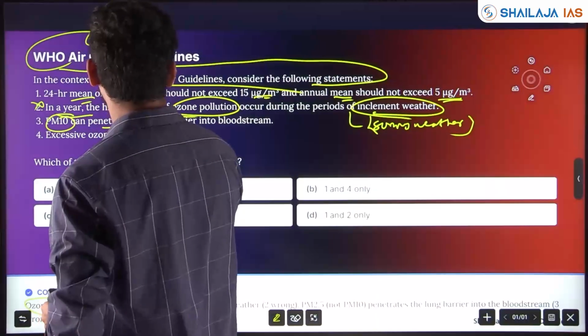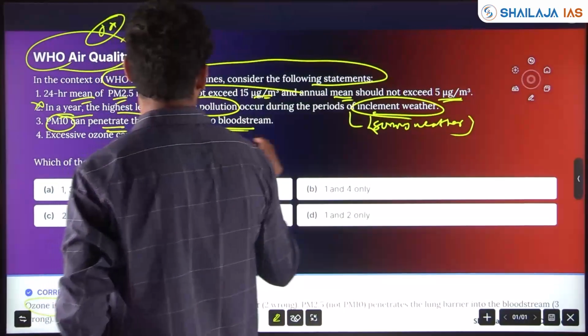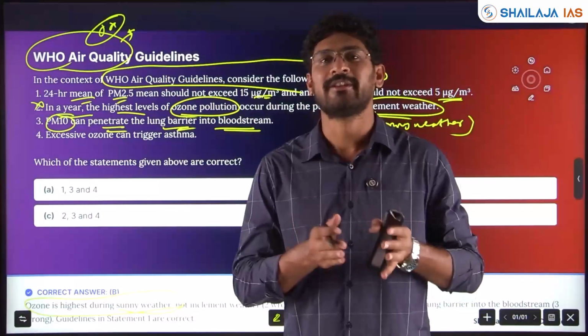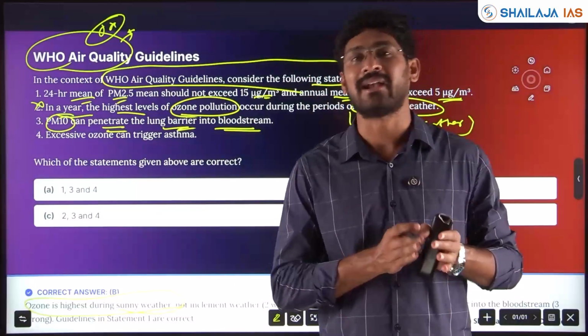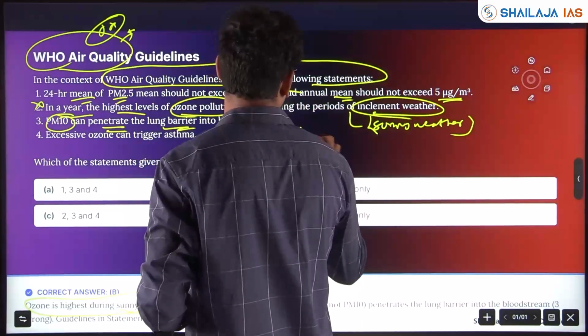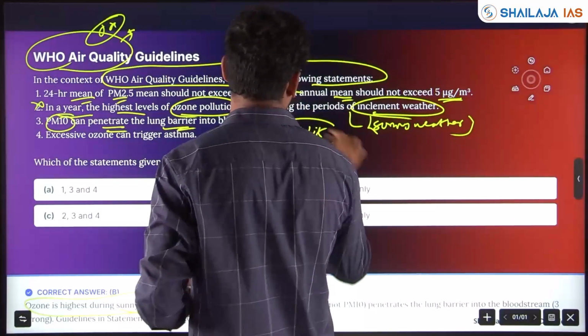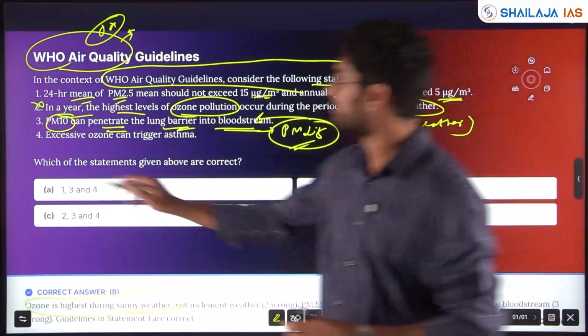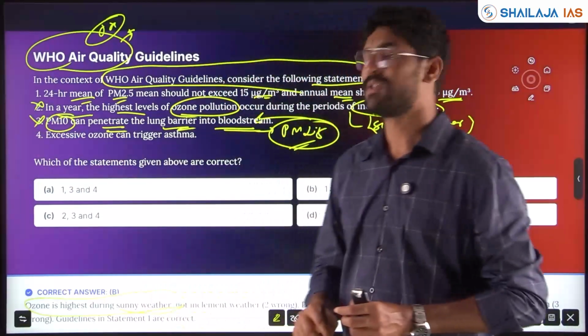PM10 can penetrate the lung barrier into bloodstreams. Okay, this is the concept. Which PM, particulate matter, can enter into our blood vessels? It is not PM10. PM10 is bigger. PM 2.5, less than PM5, can enter our lungs and bloodstream. So statement 2 and 3 is wrong.